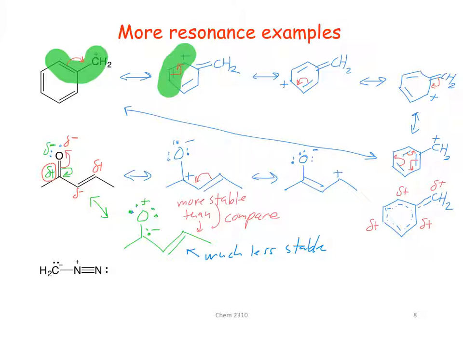Alright, so let's look at the last one in this slide. So what type of scenario do we have in this slide? Alright, so we have this atom here with non-bonding electrons, and it's next to some pi bonds. So the way that we did our resonance then is we donated the electrons to form a pi bond. The next atom had to give up a pi bond.